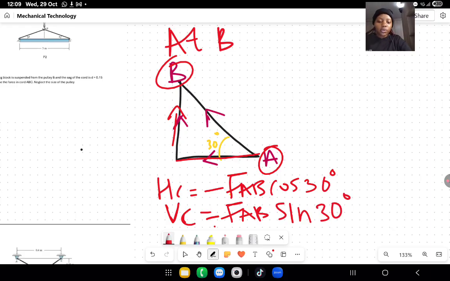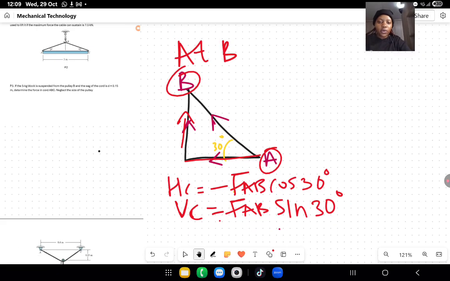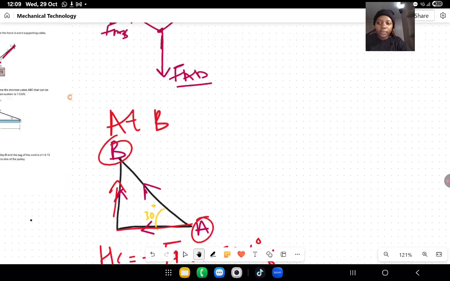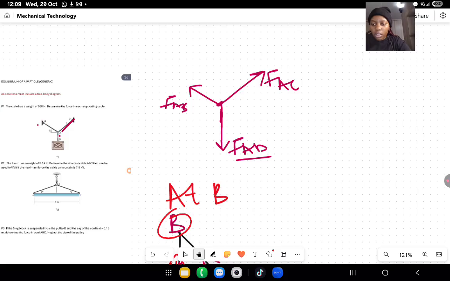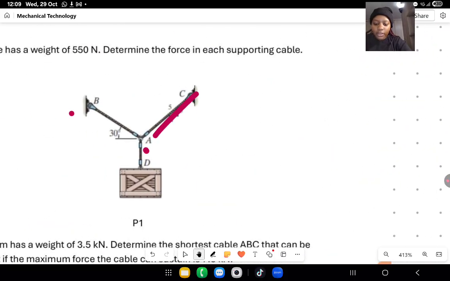So now we'll be looking at the other side. Let me go back to the diagram and erase this.